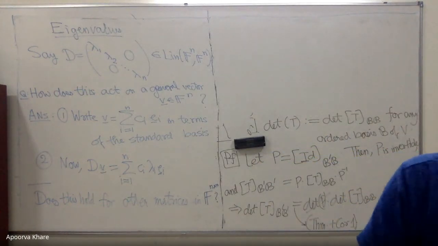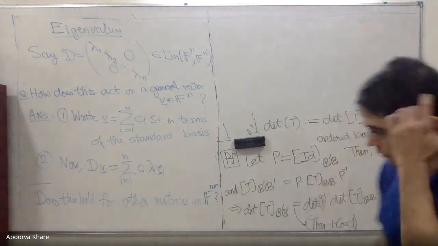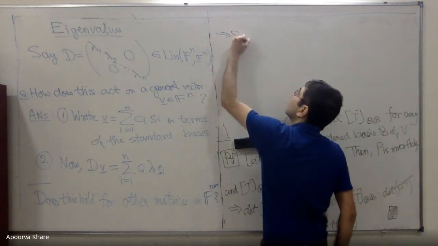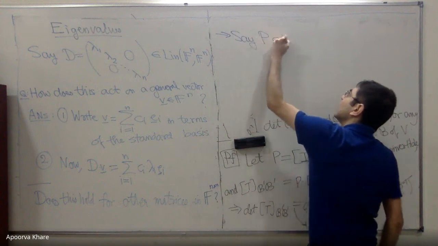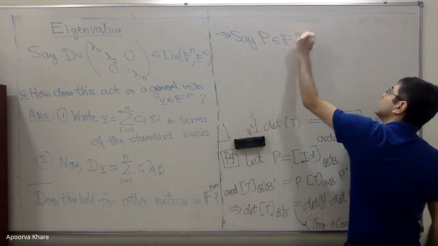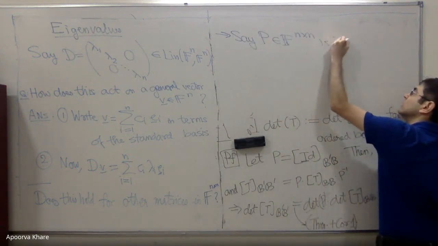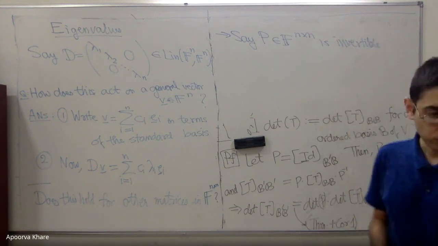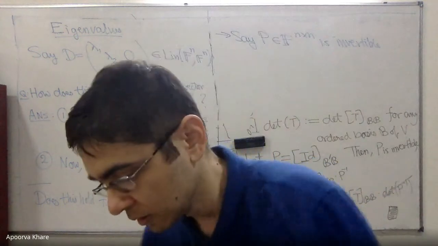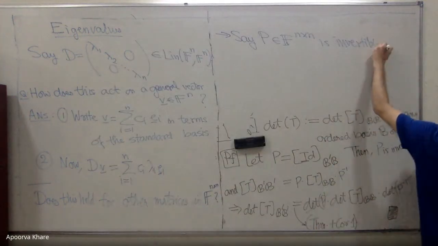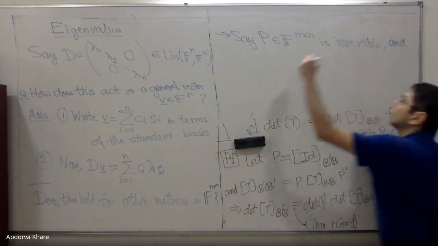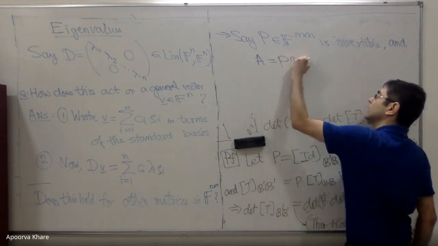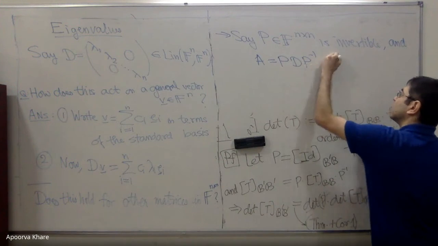Okay, so now instead, say P in F^(n cross n) is invertible, and A equals P D P inverse, where D is as above.